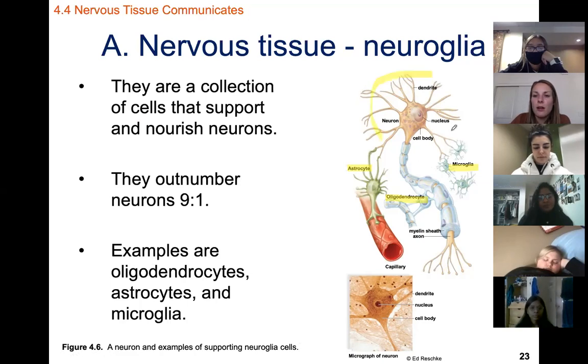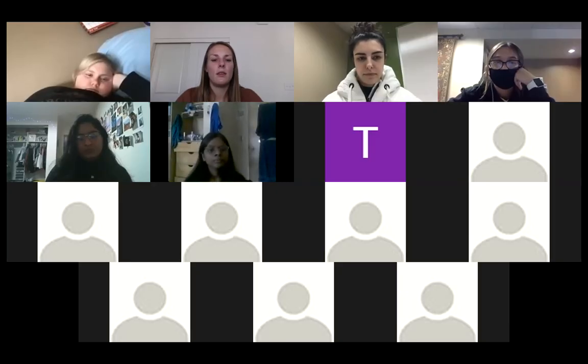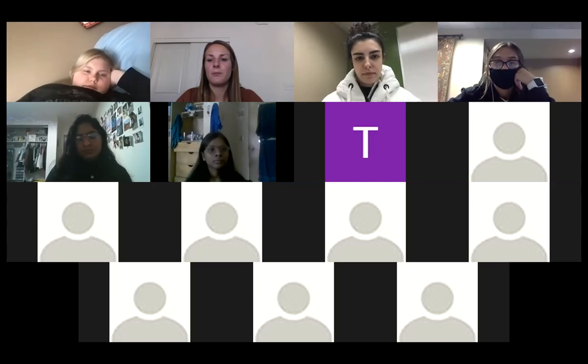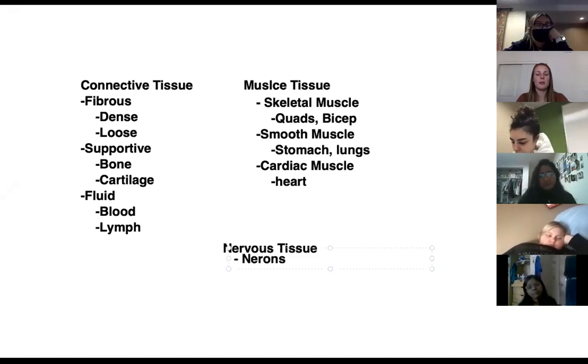This is a neuron. Remember the cell body, the nucleus, the dendrites, the myelin sheath, the axon, how they communicate to each other. All right, so we did the nervous tissue. So let's add it to our list here if you're following along. The first one would be the neurons.